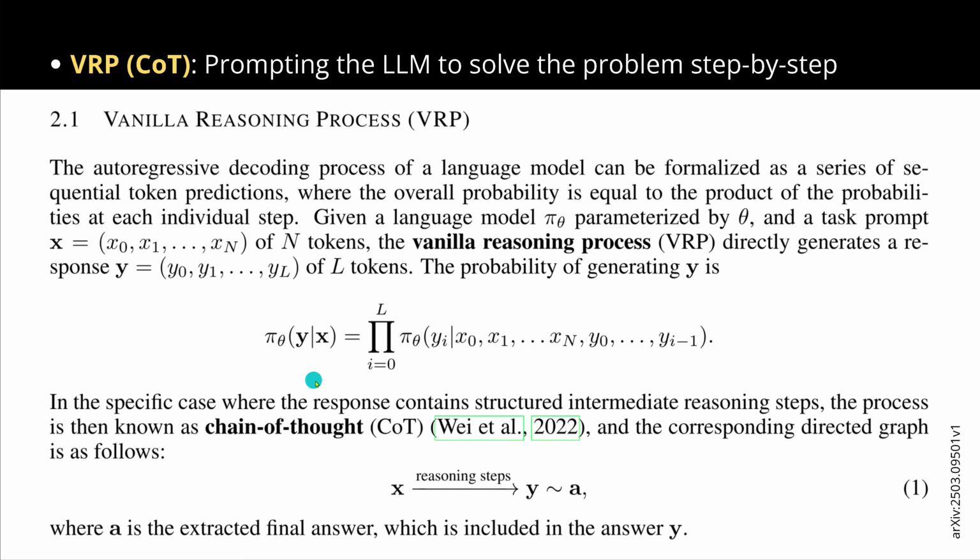So our p theta, given the input x, of the result y, is this product. So we have our x0 to xn and our y0 to y i minus 1, where i runs from 0 to L. So in this specific case, where the response contains structured intermediate reasoning steps, the process is also what we call a chain of thought. This is what we do for the vanilla reasoning process. Great.